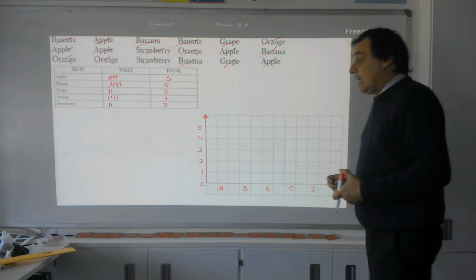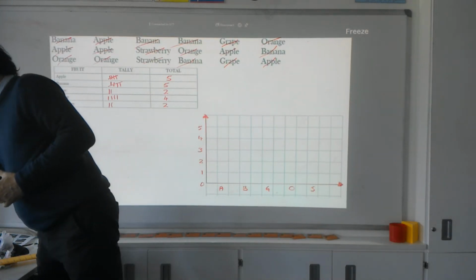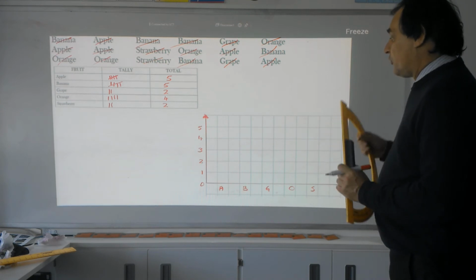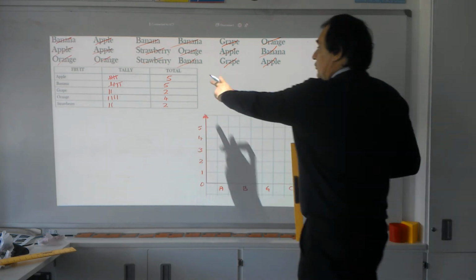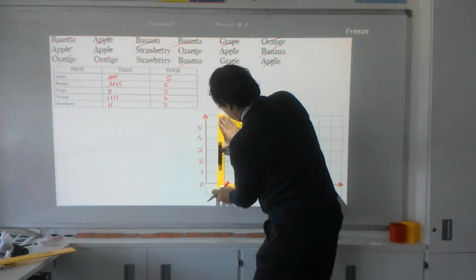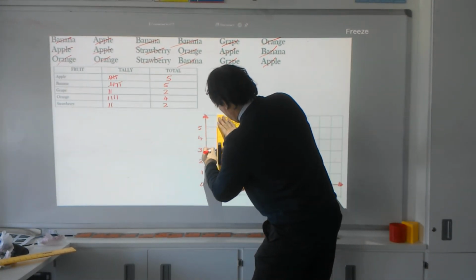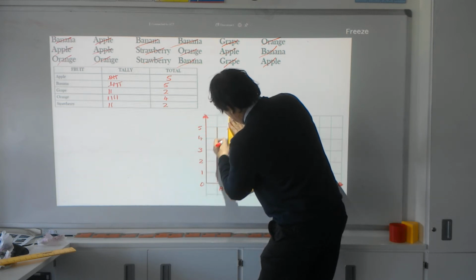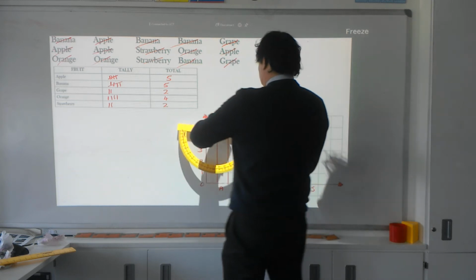Next job is, we can use a ruler, or a shorter instrument. I've got to draw a bar. So I'm going to draw a bar for my apples of 5, because that's what it is in the tally chart. So I'm going to do it for 5 there, and 5 here as well.